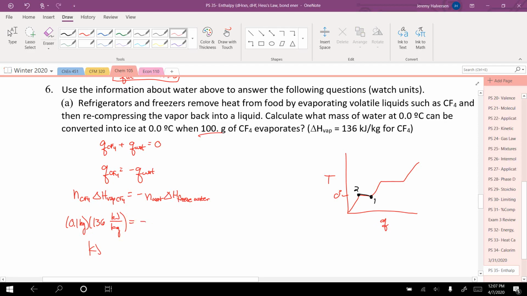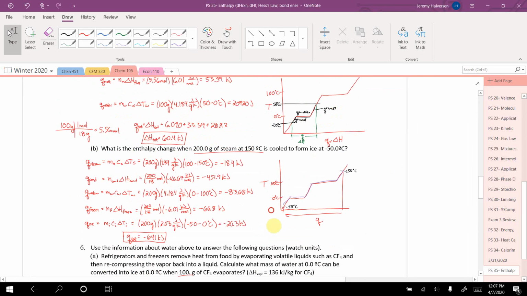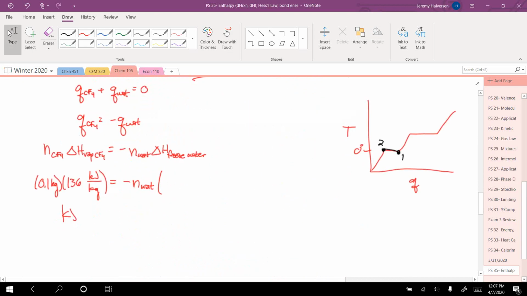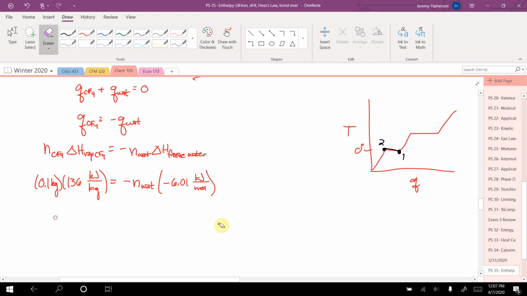Equals negative. I'm looking for my amount of water, so I need the delta H of freezing of water. They give me the delta H of fusion, which is melting, so freezing is the opposite, so negative 6.01. This side of the equation, kilojoules per mole times moles, gives me kilojoules. So my units work, and I'm welcome to go ahead and do math.